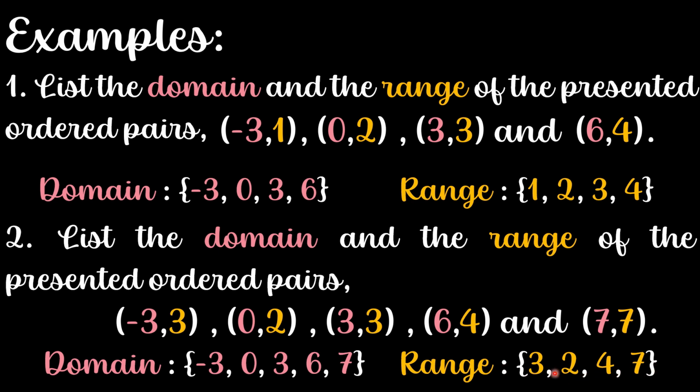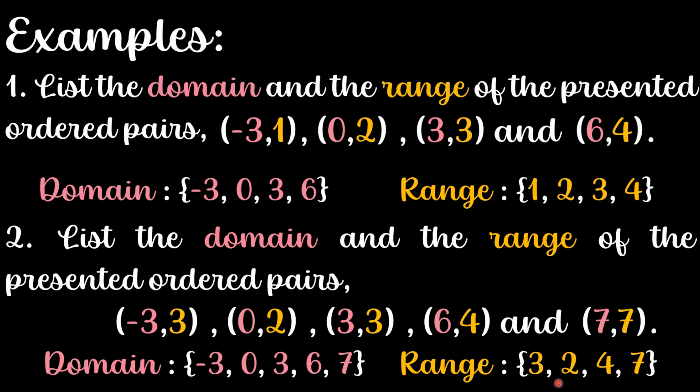Now we can only see 4 numbers here, even if there are 5 ordered pairs in our example number 2, because +3 is repeated. Kaduha, gisulat si kaduha si +3 na pair. So, bahalag kaduha siya sa gi-present sa atong ordered pairs, nisulat na to siya in range.